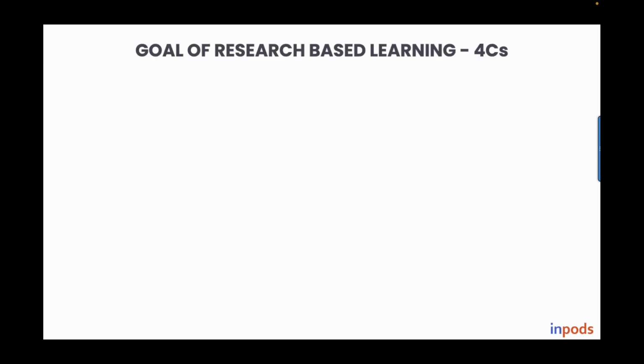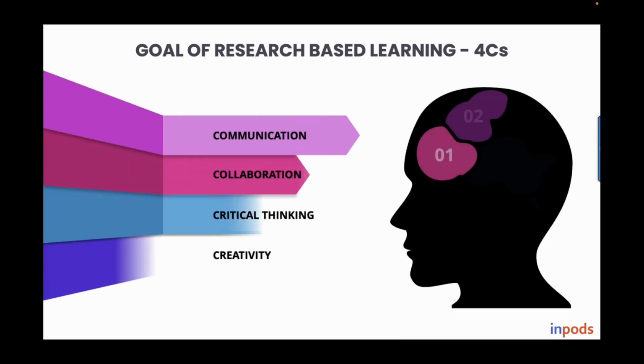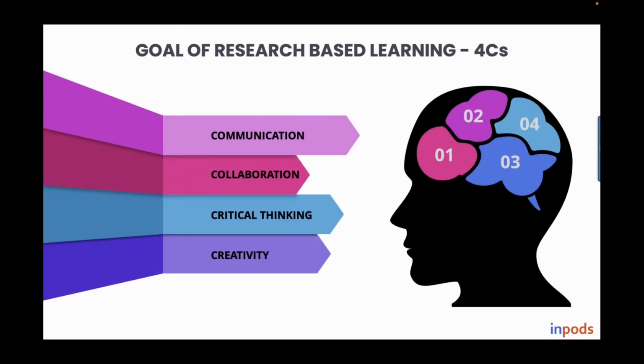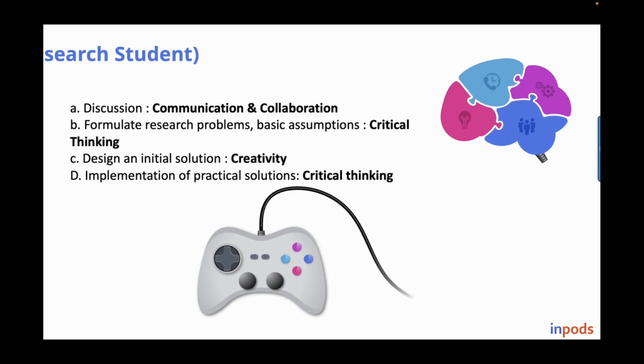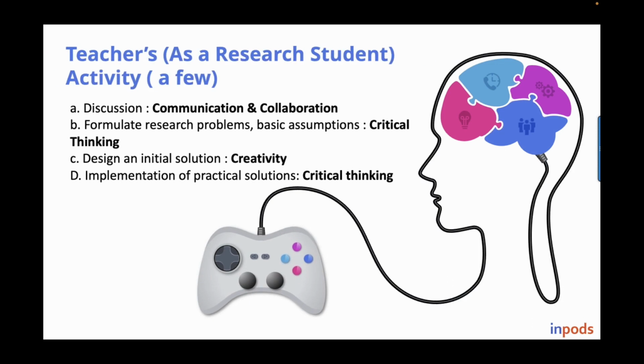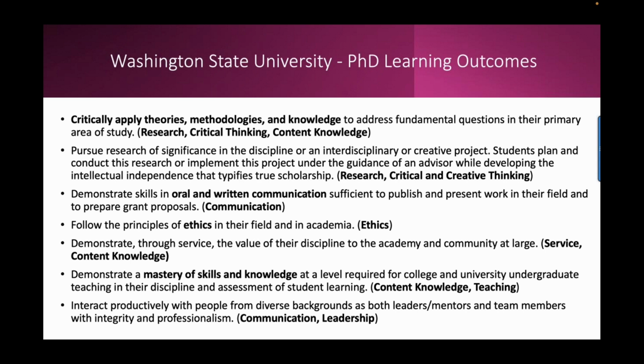So this prepares a teacher as a person who has learned these skills: communication, collaboration, critical thinking, and creativity, and now becomes the right person for teaching these skills to the students. That is one of the biggest advantages of research orientation becoming mandatory for teachers.